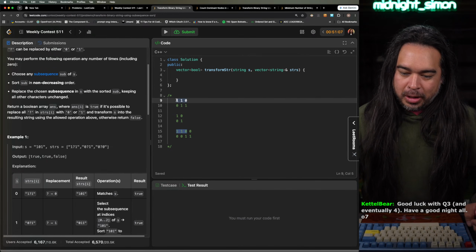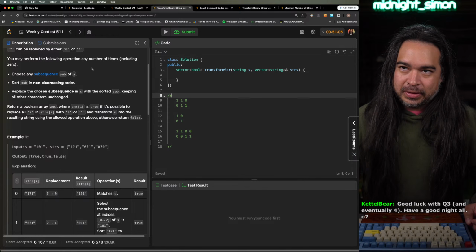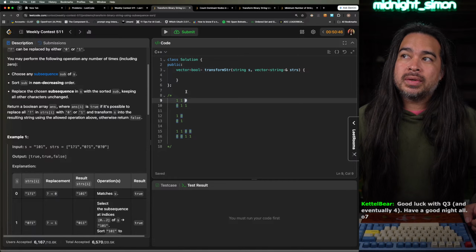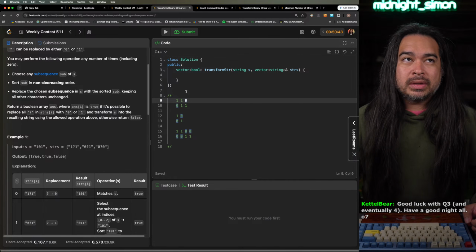Alright, so if the problem says that instead of the sorting thing, then how do we know if it is possible? Do we have to count how many ones to the left?